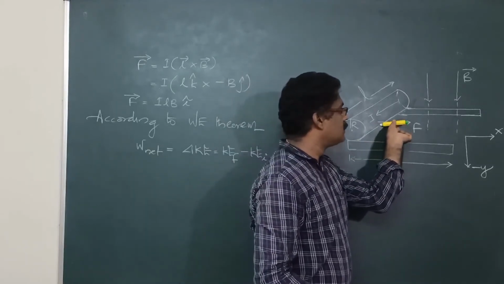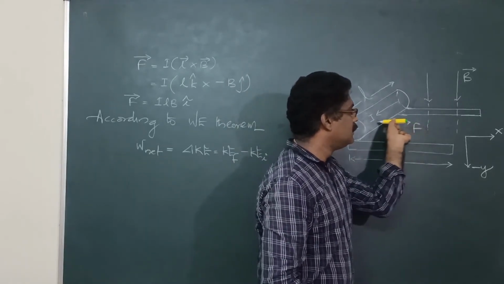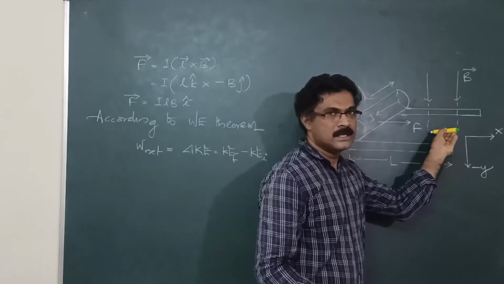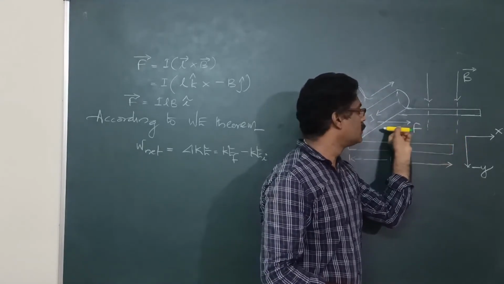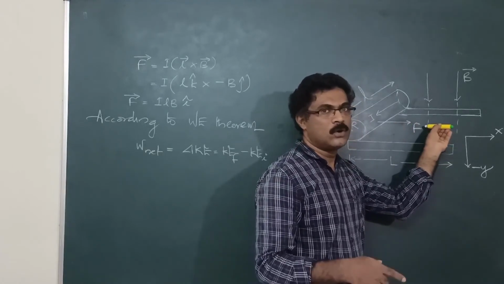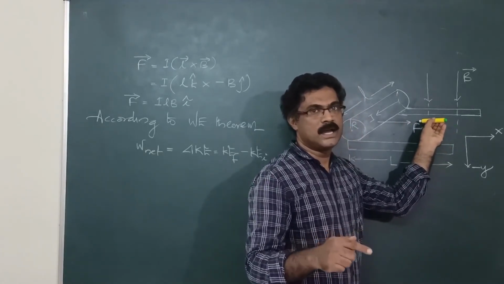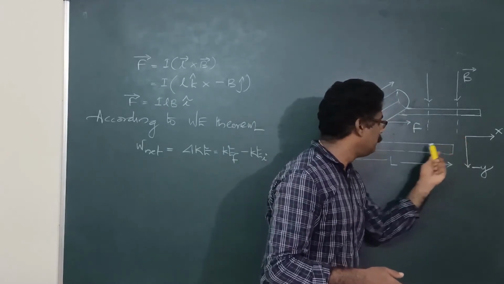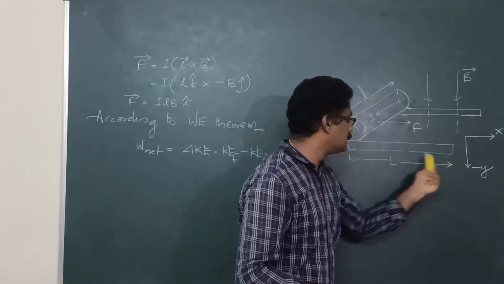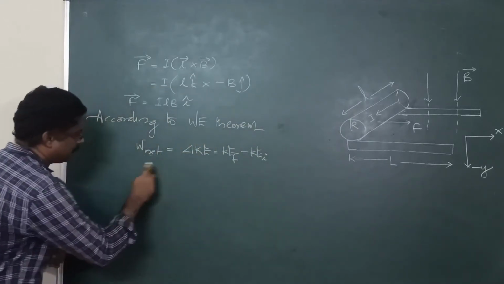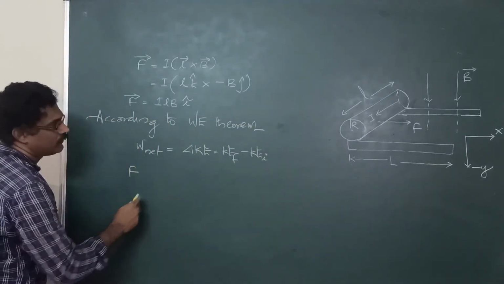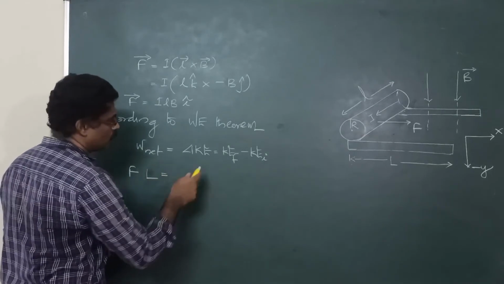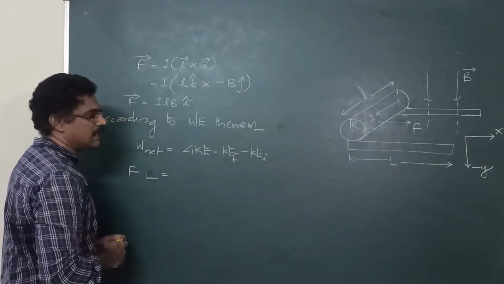The other force is in this direction and the body is moving in the same direction, so the work done is positive because theta is equal to 0. So work done is given by F cos theta. Here F into the displacement: when it leaves the rail it travels this much distance, that is equal to L. So the net work done is F into L, equal to final kinetic energy minus initial kinetic energy.